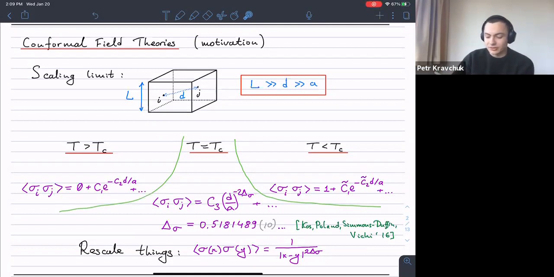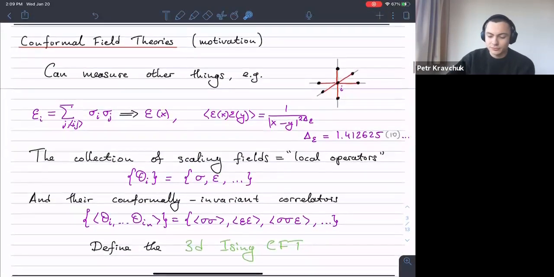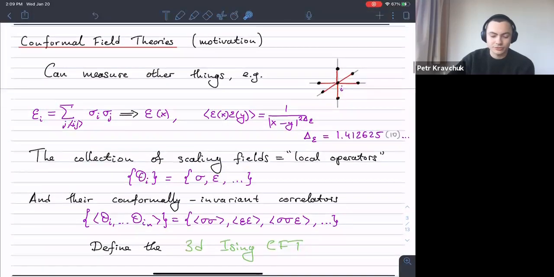In this way, we can get clearly scale invariant correlators from a lattice system in some scaling limit. And for what follows, it's actually going to be important that sigma in this case is not the only thing that one can measure. One can perform other local measurements.